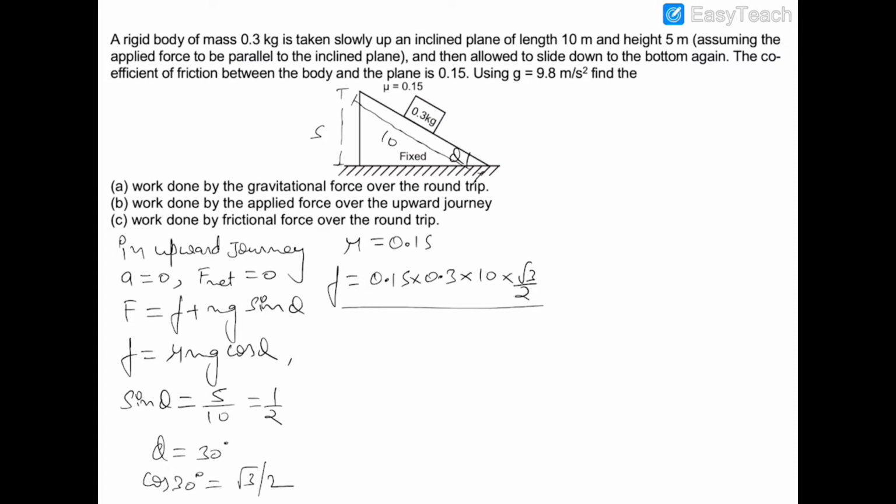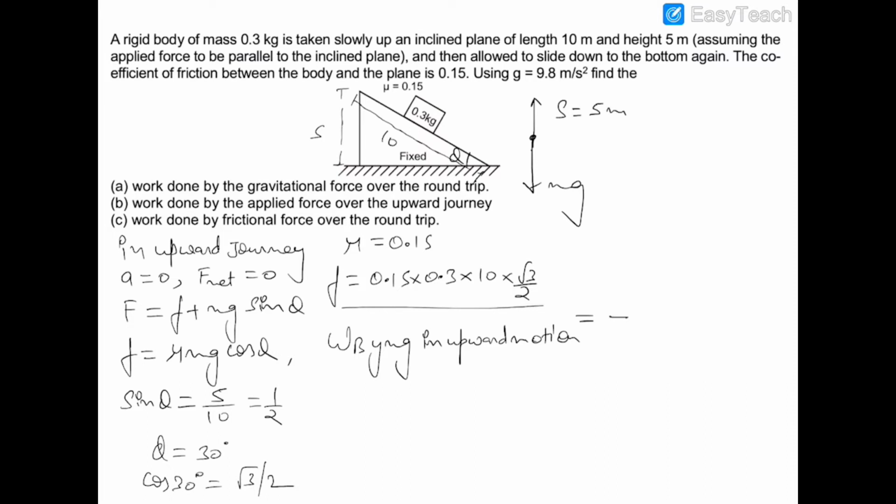So work done by mg in upward motion: mg will be acting in the downward direction, and block will be moving in the upward direction by a distance of 5 meters.